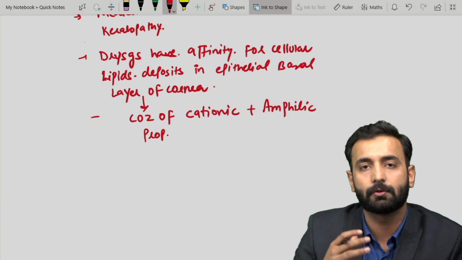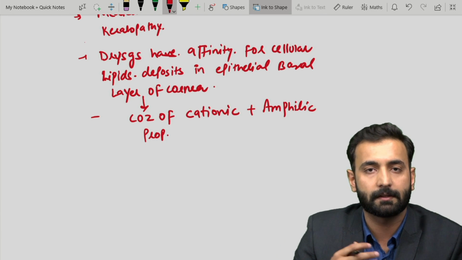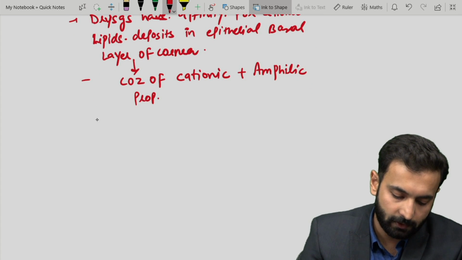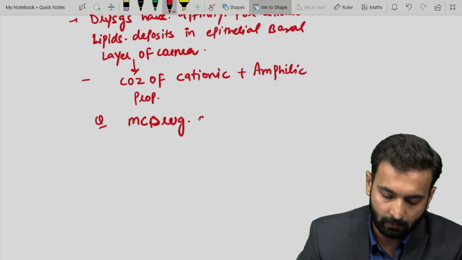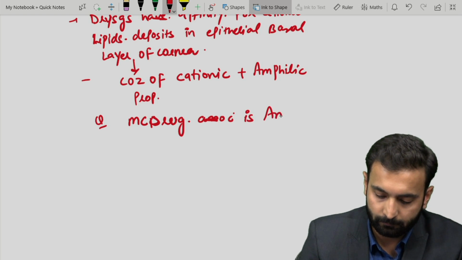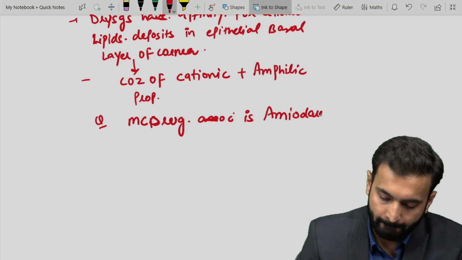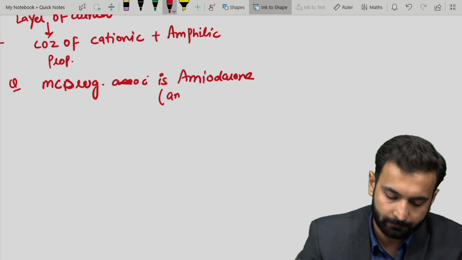Now what you should keep in mind is the names of the drugs associated with this keratopathy. If the question is asked which is the most common drug associated, it is amiodarone. Amiodarone, as you know, is an anti-arrhythmic drug.